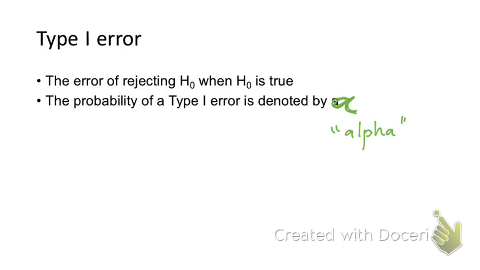So the only time you can make a type 1 error is when you reject. Incorrectly rejecting.